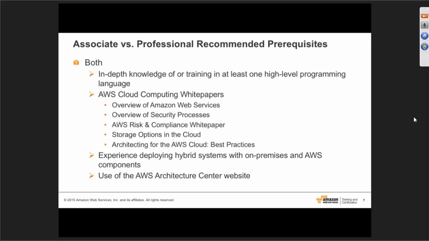This one at the very bottom here, the use of the AWS Architecture Center. I referenced a link for this in the chat. I highly recommend going to it. It's aws.amazon.com/answers. This won't necessarily be useful for the exam, but just as a way to see other architectures and other patterns, I highly recommend it, as it is very solution based and will involve multiple services.